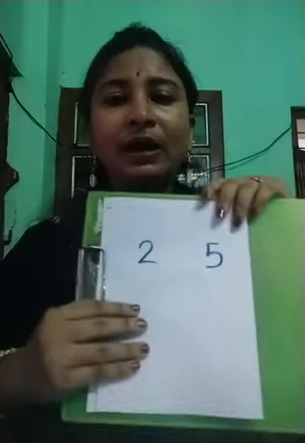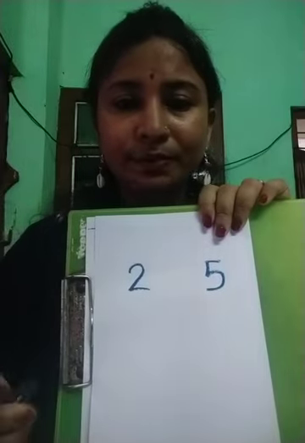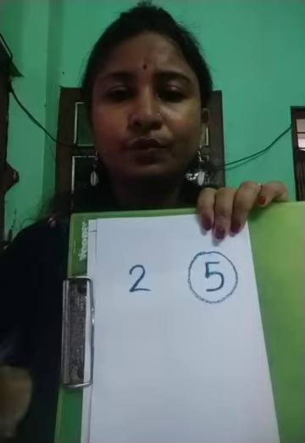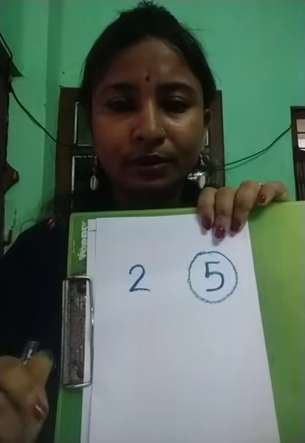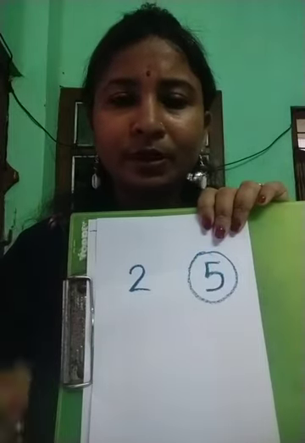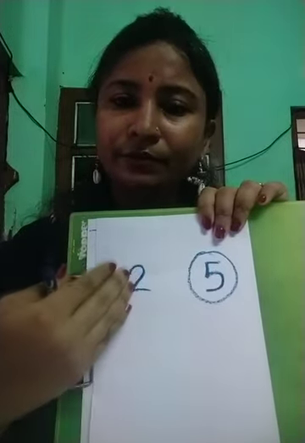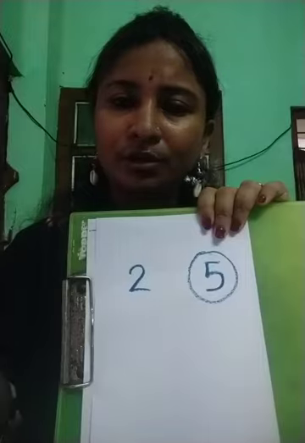And through the expression, we will ask them which one is bigger. You have to circle that one. Initially we will go for one concept, that is the bigger one or the smaller one, whichever, but when that one is developed, then we will introduce the second one, that is smaller or bigger.